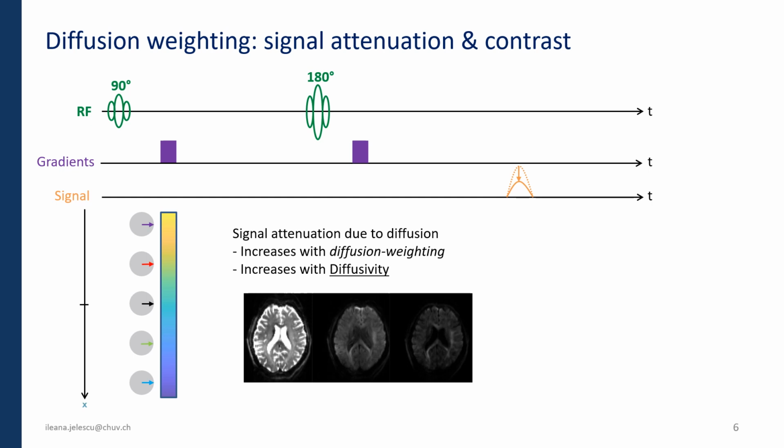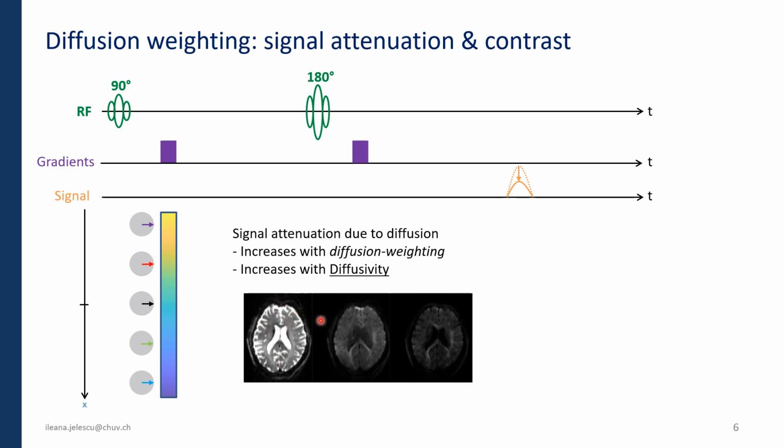The signal attenuation that I mentioned due to diffusion will increase with diffusion weighting, so how much phase warp we impart here and how long we let the water molecules mix before we rephase them. But it will also increase with the actual diffusivity of the tissue. You can see this on these images here.